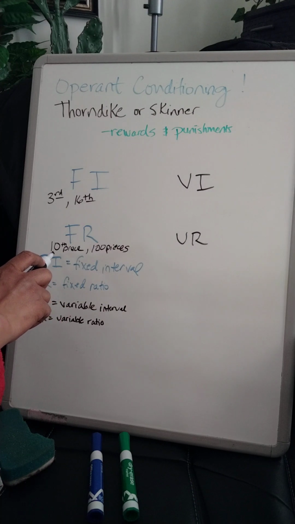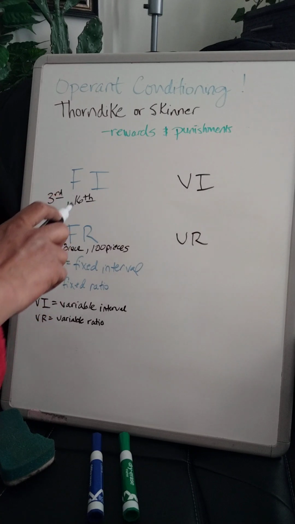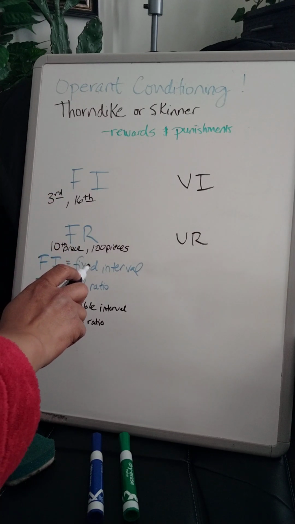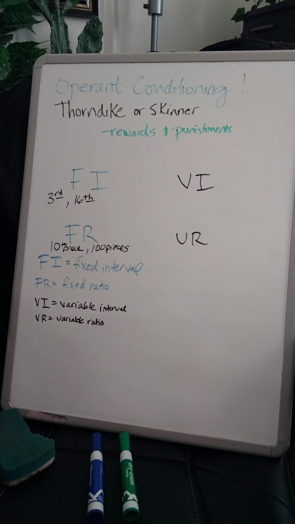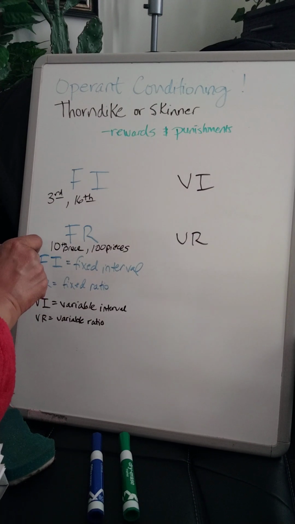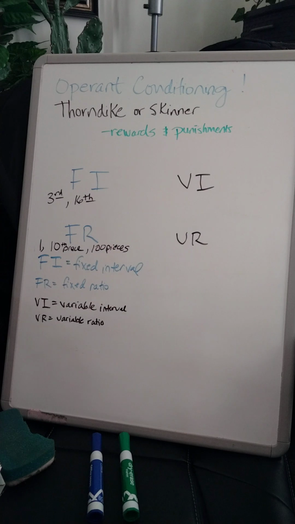The first piece, second piece, all the way to the 10th piece. 100 pieces is the same thing. So it's reinforcement after a fixed number of responses. The job pays you by the piece, so it could be even one piece, or it could be the 10th piece.